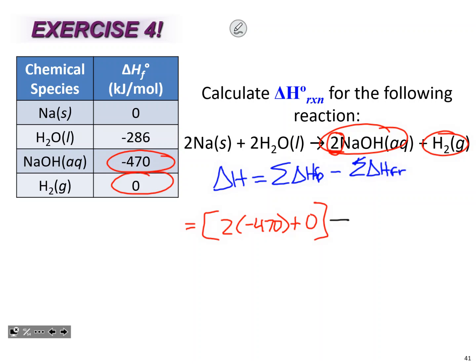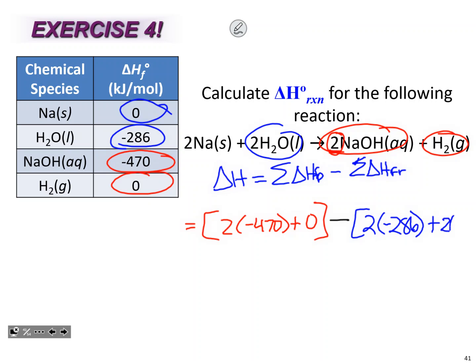Now it's minus our reactants. So water, 2 times the water value, negative 286, plus the sodium, which is 0 because it's elemental. And technically you would do 2 times 0, but 2 times 0, of course, ends up factoring out.